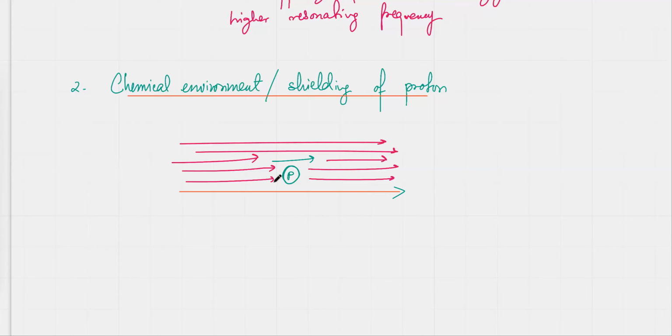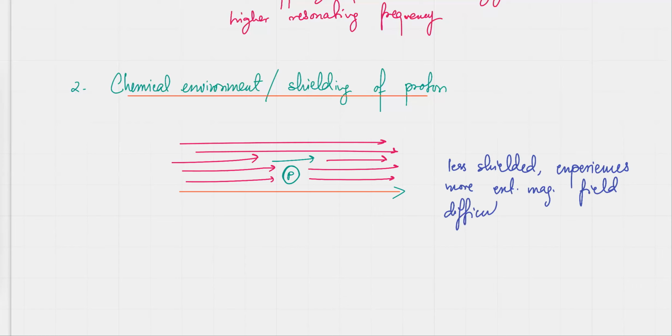So kind of difficult for the proton to resonate. This means it's less shielded, which means it's kind of exposed. Like the whole proton is very exposed. So this is less shielded and experiences more external magnetic field. So difficult to resonate, and a higher frequency would be needed for this.